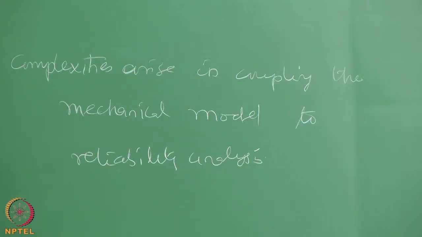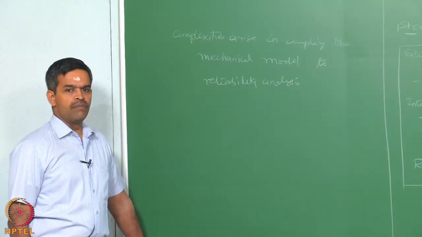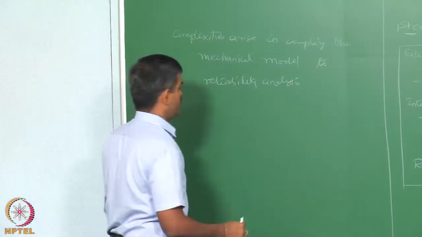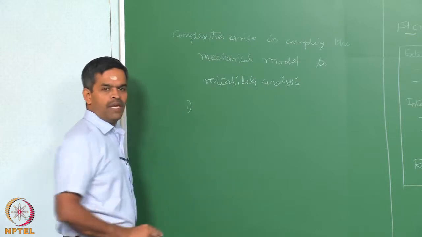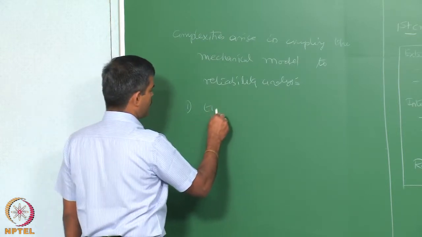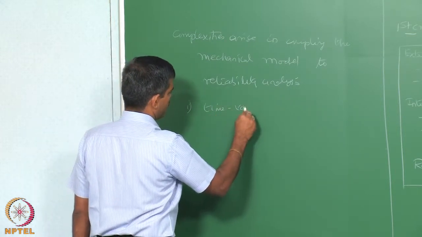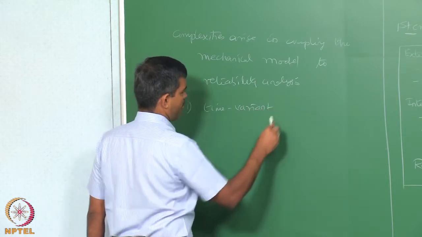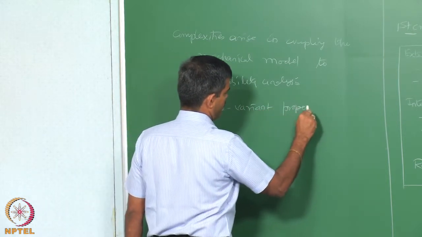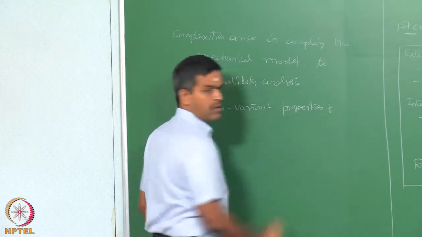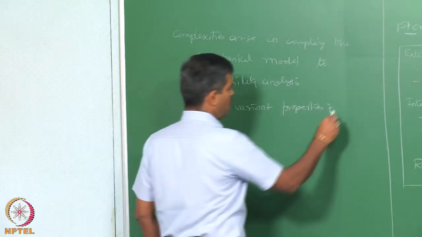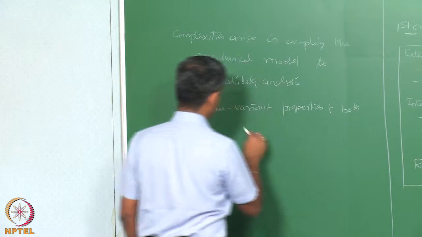So, there are other important factors which can also govern other than these 4 levels of complexity. Other important factors could be time variant properties of both load and material.